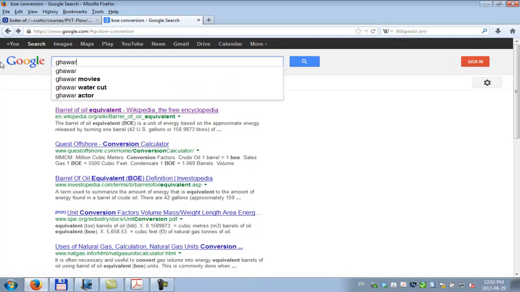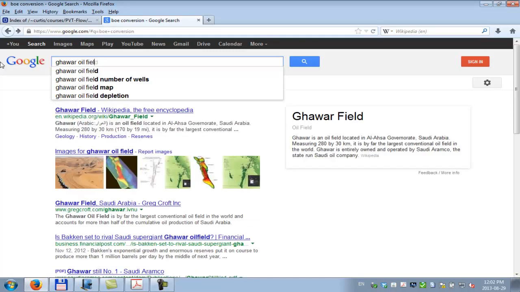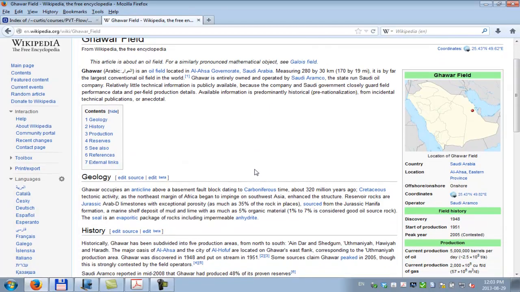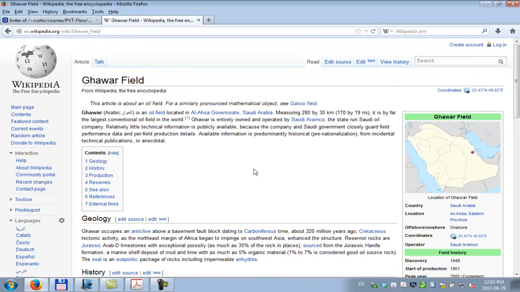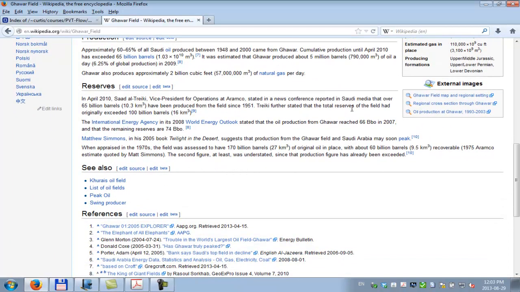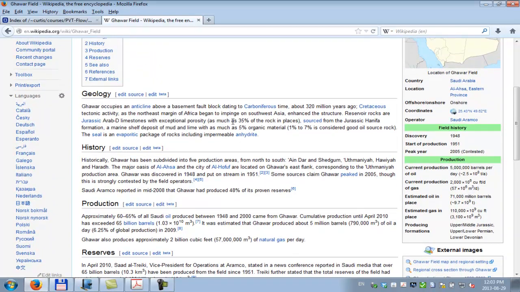Ghawar oil field. I'm sure there's a Wikipedia page here. It's some 280 kilometers long by 30 kilometers. Let's see here if they put the amount of oil there. Scroll up on the right side of the table. Oh, okay.